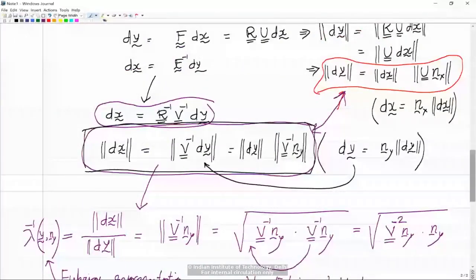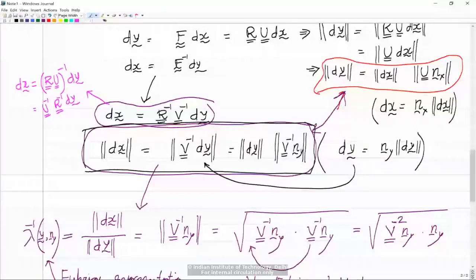So here, it's a good question. What you're saying is, why don't I write dx equal to r u inverse into dy? So this is then u inverse into r inverse into dy, right?